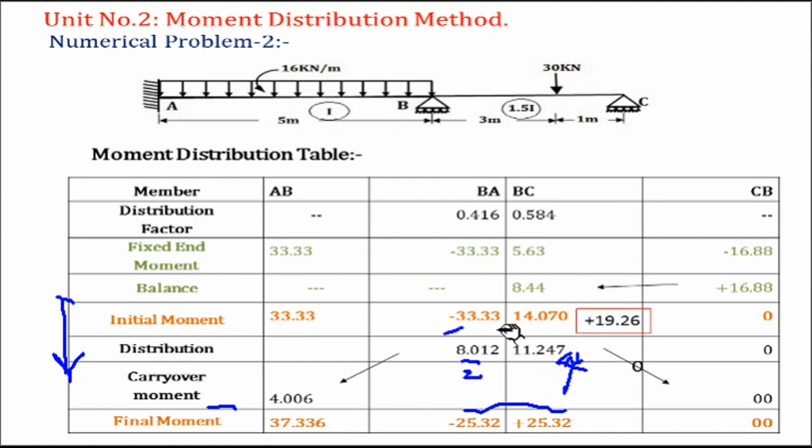Minus 33.33 plus 8.012 is equal to minus 25.32. Plus 14.070 plus 11.247 is equal to plus 25.32, and for the simply supported end 0. Okay, so these are the final end moments.